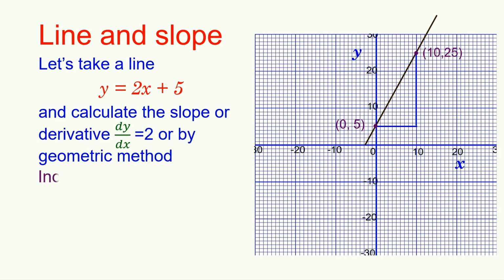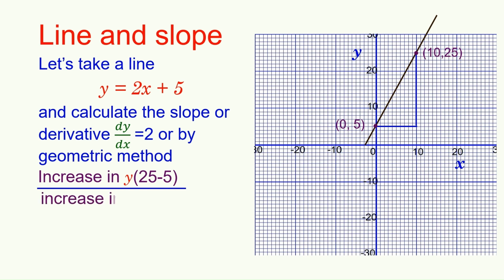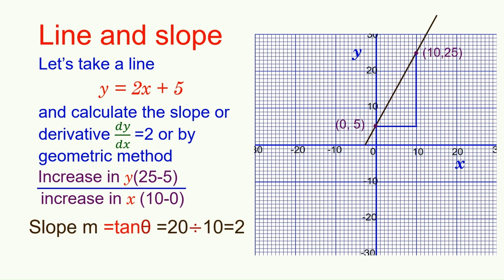Or by the geometric method: increase in y, 25 minus 5; increase in x, 10 minus 0. Slope m equals tan theta equals 20 divided by 10 equals 2.